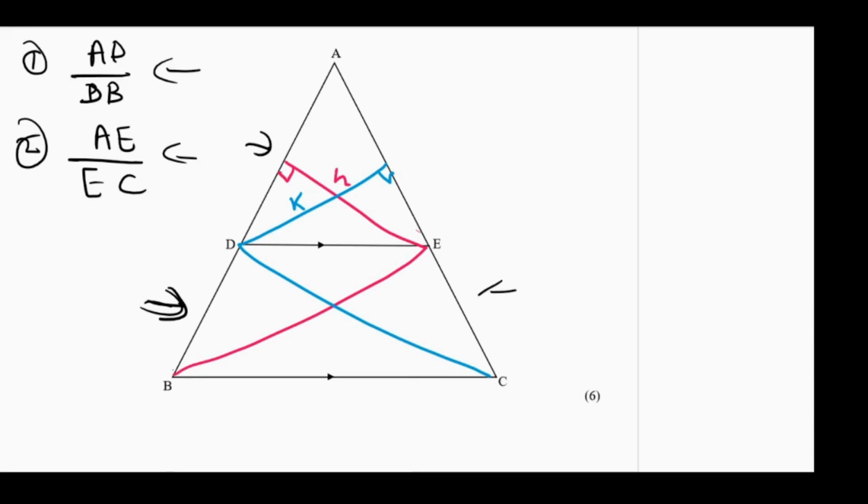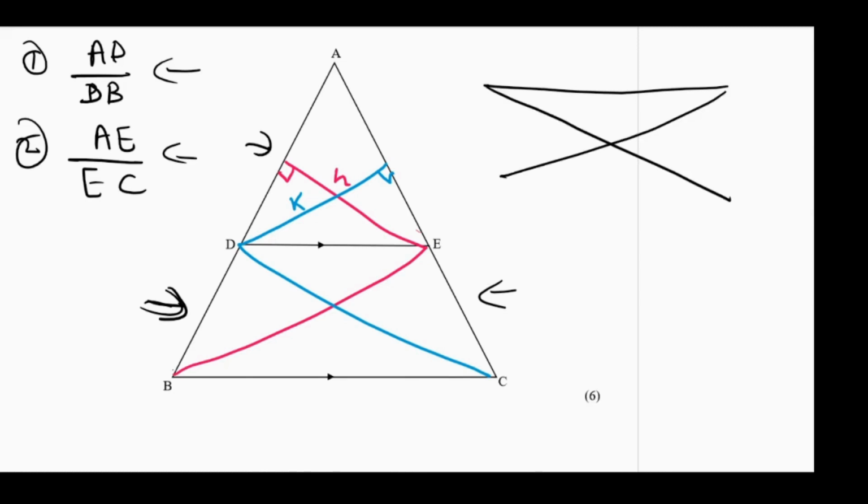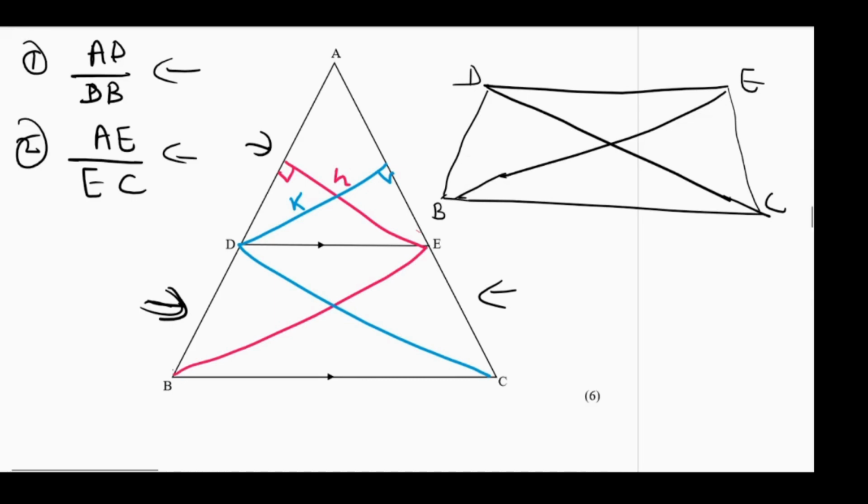Let's look at the bottom part. We have something that looks like this, with lines like that, and this is E, this is C, this is D, this is B. What you need to notice is that these lines are parallel.